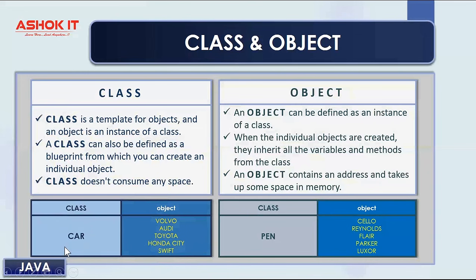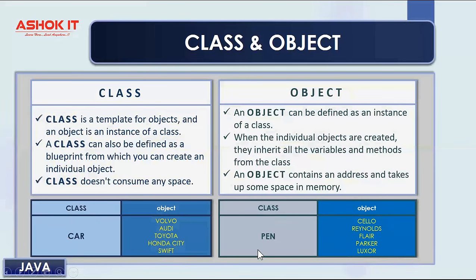So class is nothing but the definition of an object. What an object is, is defined by the class. And here, what these five names are is defined by the class as Car. So these five things are nothing but cars. Similarly, when we just see these objects like Cello, Reynolds, Flair, and Parker, we will not be able to know that these are the names of pens.